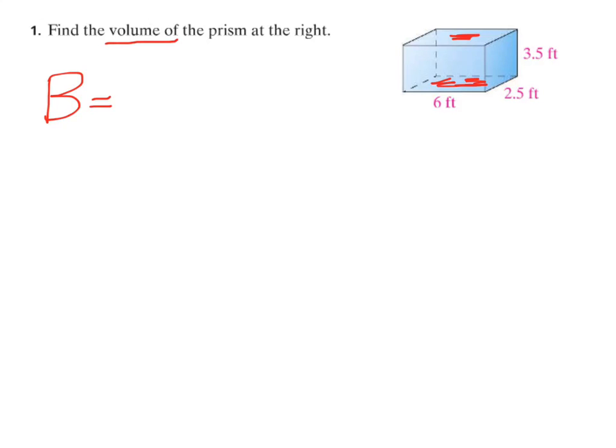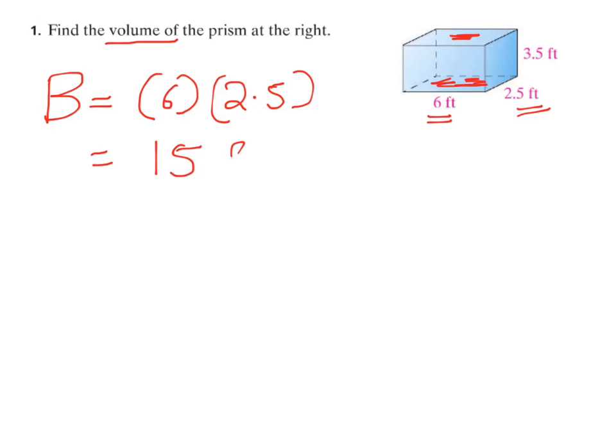We know the formula to find the area of a rectangle, in this case it is going to be 6 times 2.5, and that is going to be 15 feet square. This is the area of the base.